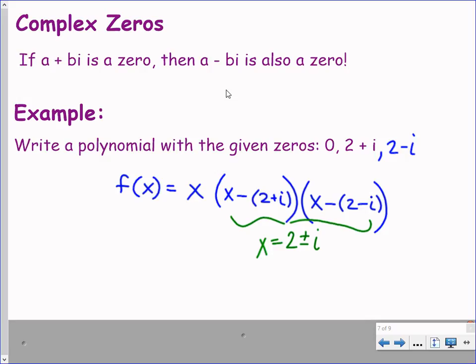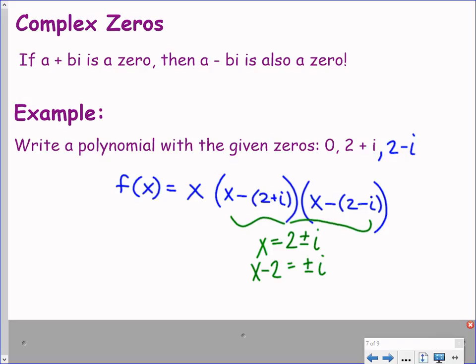So remember, the number in front of plus or minus should go to the other side. So we're going to subtract 2 from both sides. x minus 2 equals plus or minus i. What would we have done in solving to get that plus or minus i? You would have taken the square root of a negative number, which would have produced a plus or minus i.